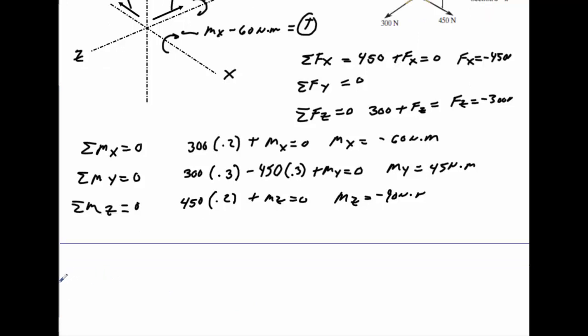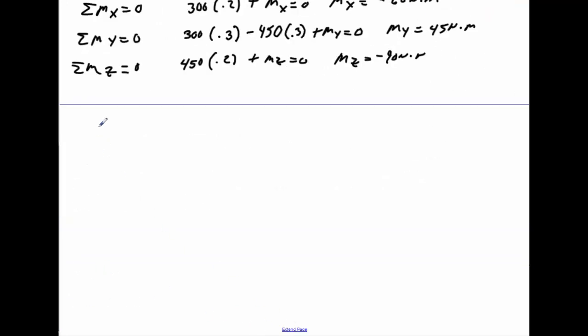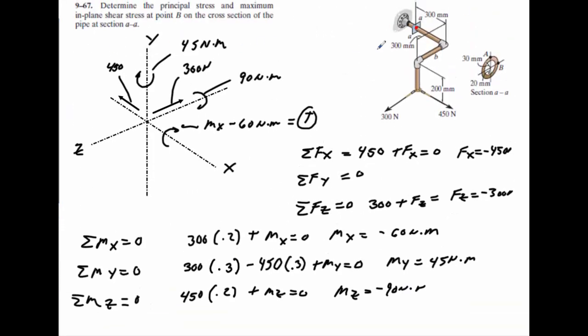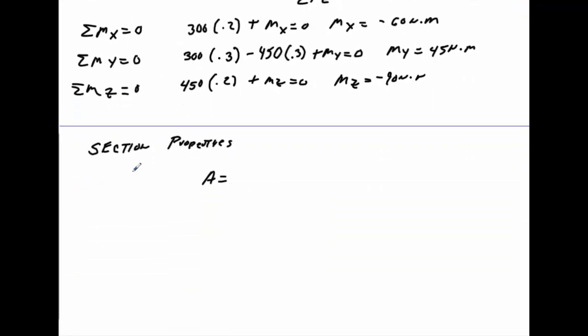From this point, we're going to have to do our section properties. Obviously, the area of this, that's a tube, has two different diameters. To do that, we do pi times the big R squared minus the inside squared.